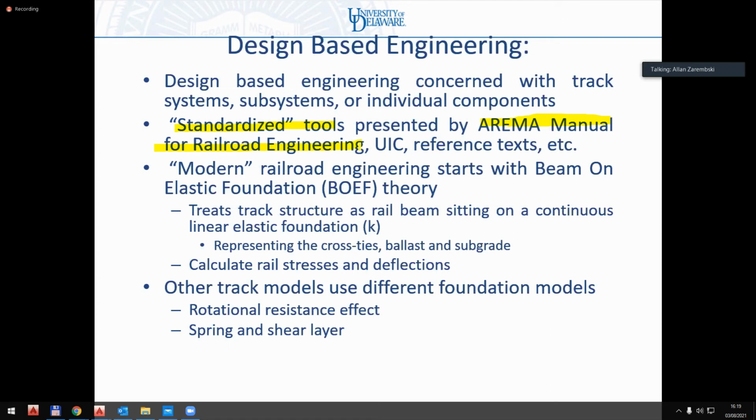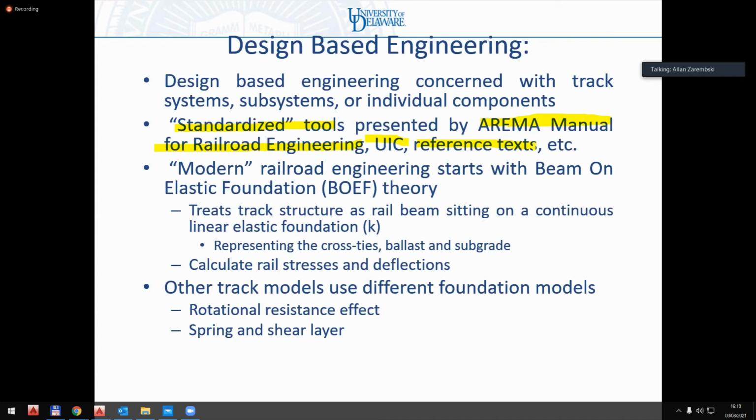It's an 8-volume set that takes about 1.5 meters of space on my bookshelf, and it's an extremely comprehensive manual, but it's geared towards the heavy axle load world. There are UIC and EU standards and tools out there. There are a couple of good reference texts out there. Probably the best 2 reference texts are Conrad Esveld's book on railroad engineering and Arnold Kerr's book on railroad engineering.